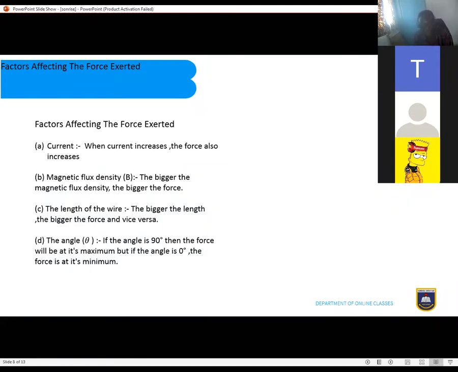When the current increases, the force also increases. That means when the current decreases, the force will also decrease.